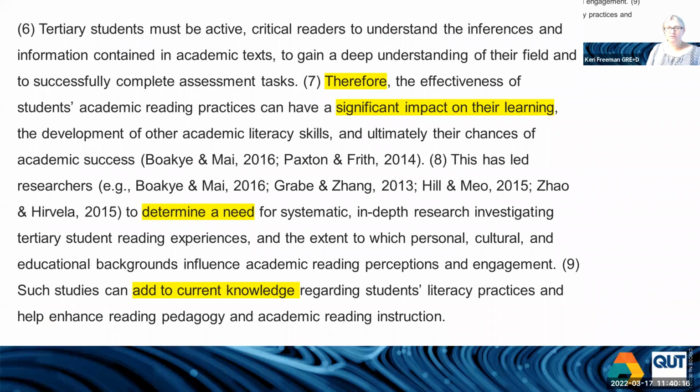Therefore, reading practices have a significant impact. So not just a little impact, a significant impact. Such studies can add to current knowledge and help enhance reading pedagogy. So even another sentence after that, or even this study will add, okay?